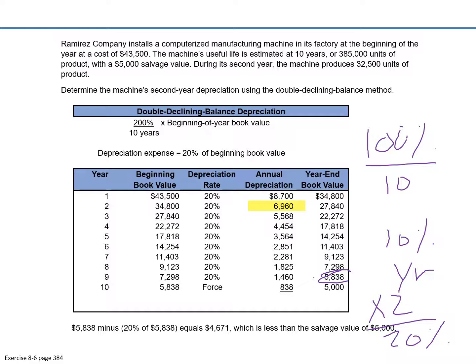So to get to 5,000, we just need to record $838 of depreciation in the last year. So we have total depreciation expense of $38,500, which is what we should have, and we have a salvage value of 5,000 when it's all said and done.